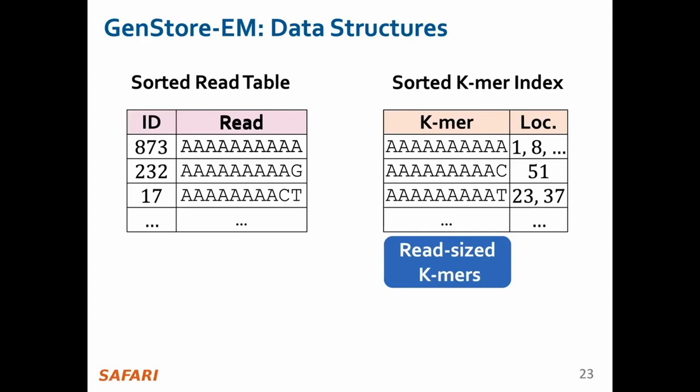Now we generate the same type of index, but this time with much larger k-mers, again extracted from the reference genome, with the locations of these k-mers in the reference genome. Also, each data structure is preprocessed and sorted alphabetically in this example, based on the reads and k-mers in each table.